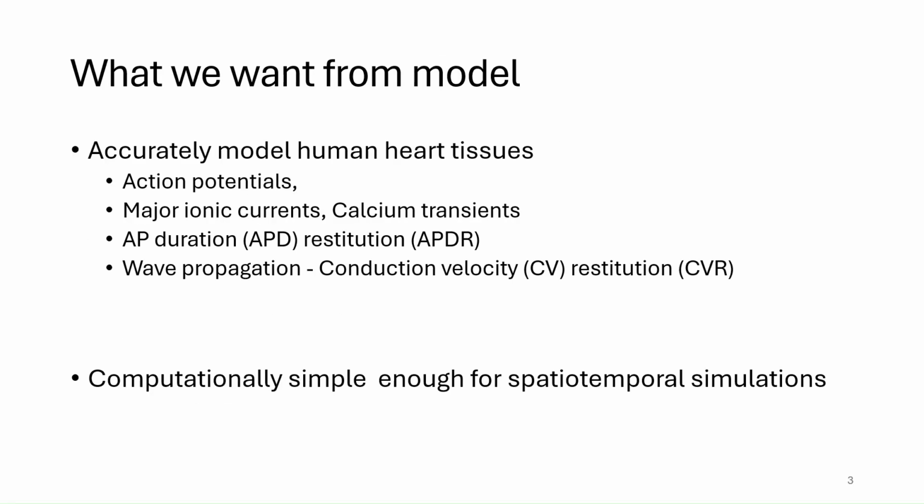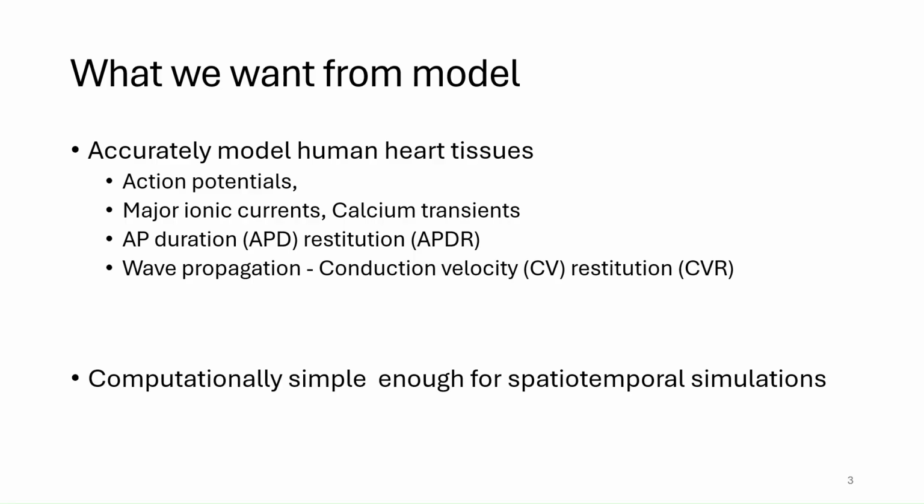So what do we want from the model? The model should be for human heart tissue. At the time this paper was published, most of the proposed models were taken from experiments on animal tissues, and animal heart tissues are very different from human heart tissues in terms of concentrations and time constants of various ions.